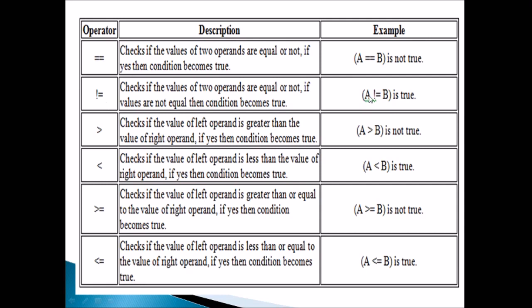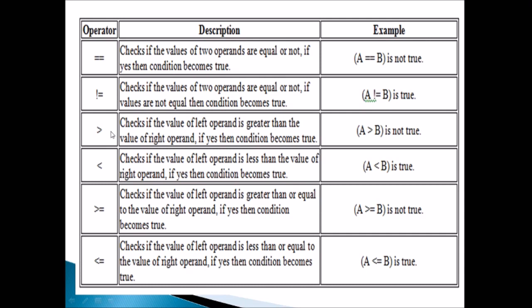So now A not equal B. Here A has the value 10, B has the value 20. We know that both are not equal. So if both are not equal, then the answer will be true.